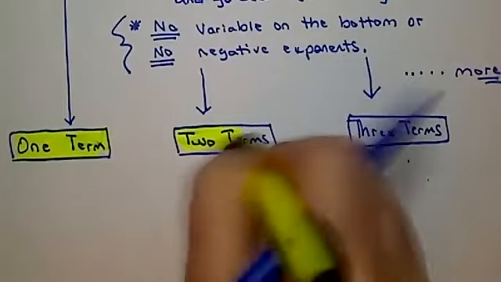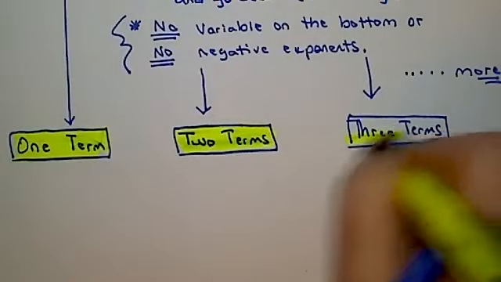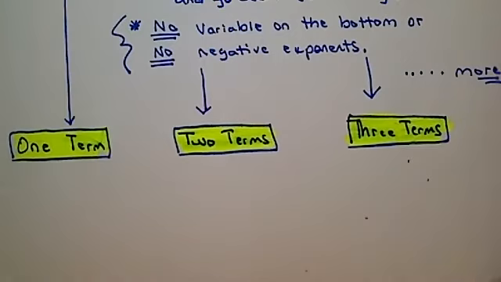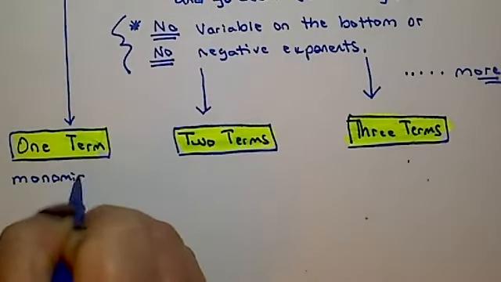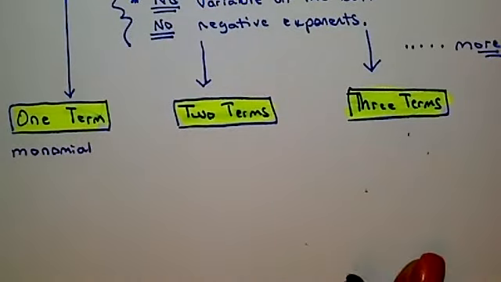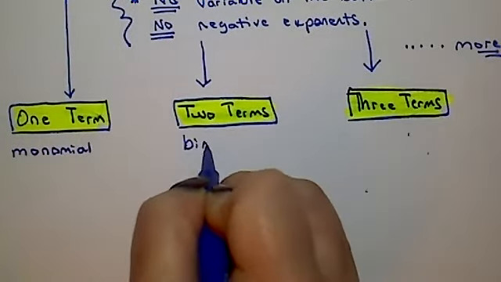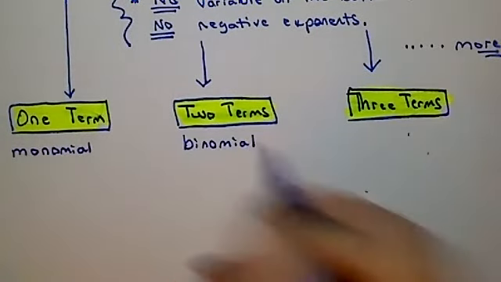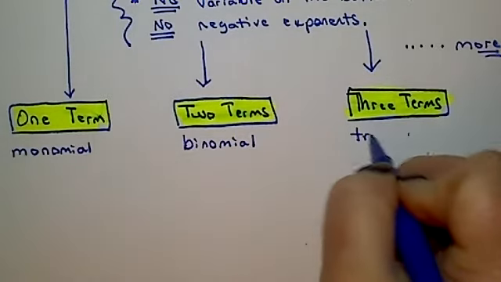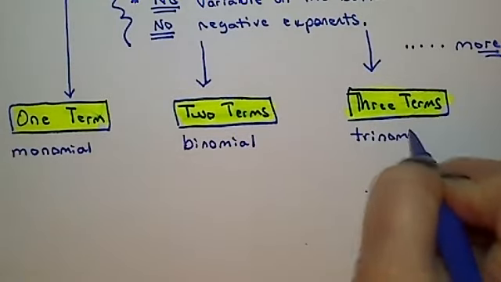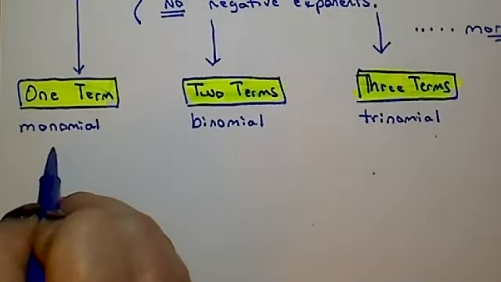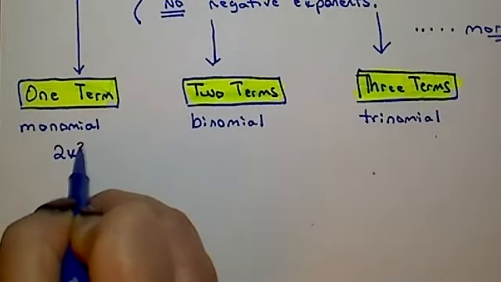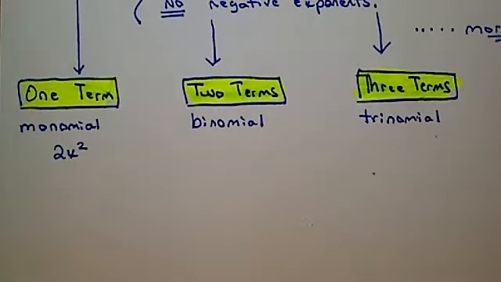Okay, if you have one term, it's called a monomial. If you have two terms, it's called a binomial. If you have three terms, it's called a trinomial. So this would be one term, 2x squared.